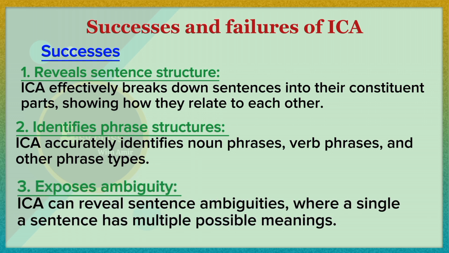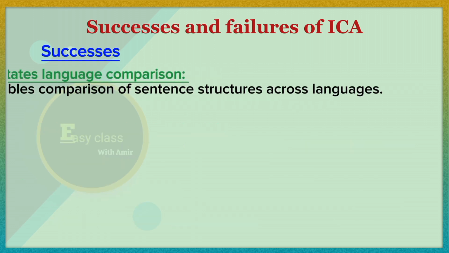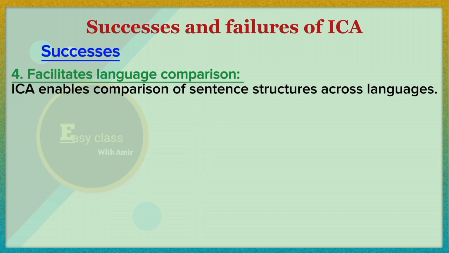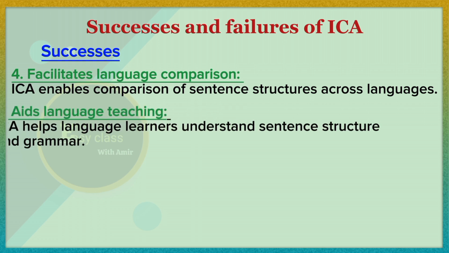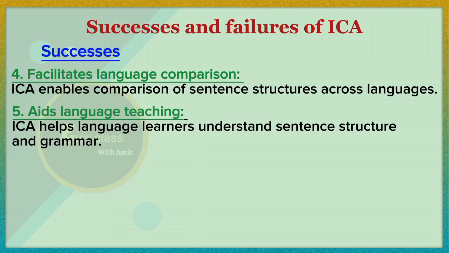Exposes ambiguity. ICA can reveal sentence ambiguities, where a single sentence has multiple possible meanings. Facilitates language comparison. ICA enables comparison of sentence structures across languages. Aids language teaching. ICA helps language learners understand sentence structure and grammar.